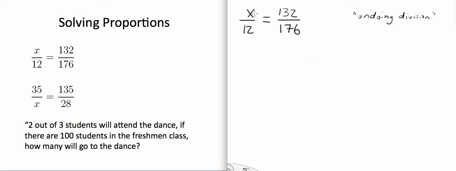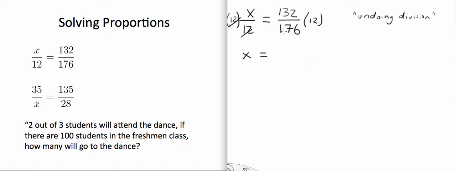So we know that x divided by 12, that's division right here. I want this x by itself, so I'm going to multiply it by 12 on each side. When I multiply by 12 on each side, this 12 and this 12 go away. We end up with just x.